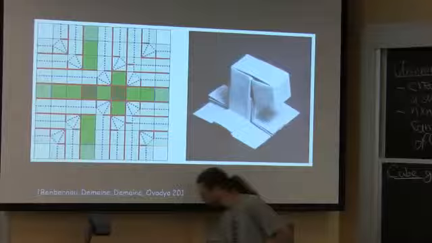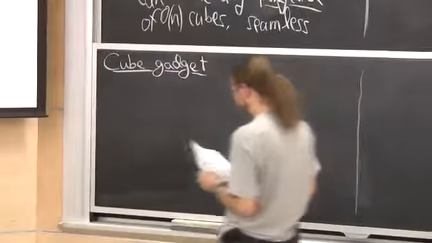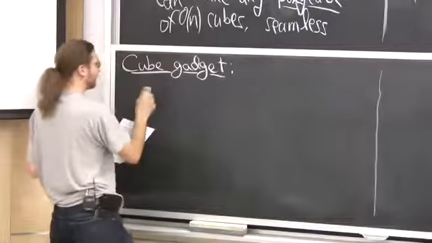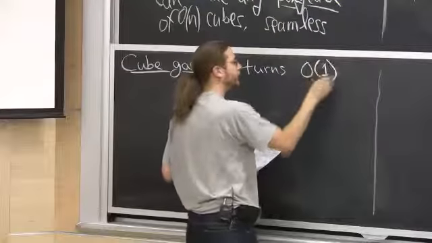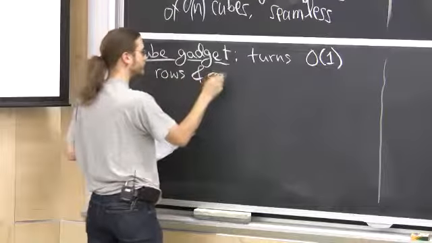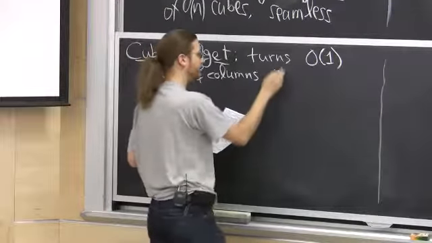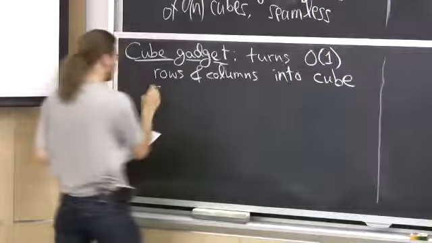Let me give you a little bit of an argument why this works. A cube gadget, let's say, transforms a constant number of rows and columns of the grid into a cube that's sticking out of your sheet.